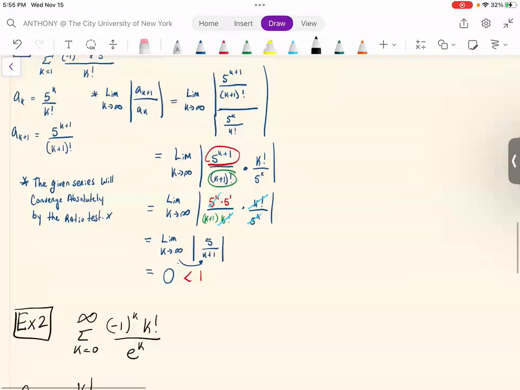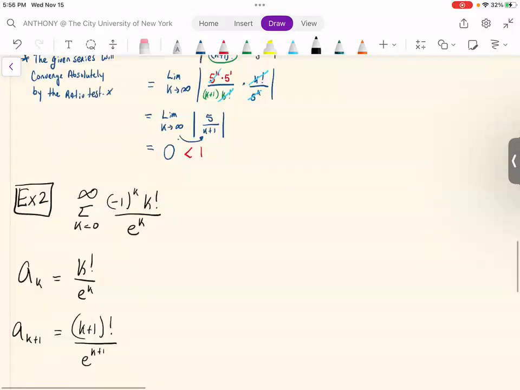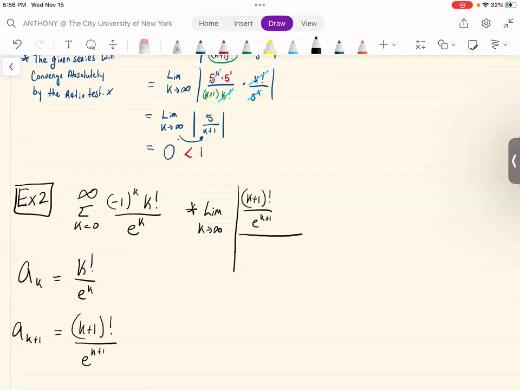We're going to take the limit in this example. We're going to compute the limit as k approaches infinity of k plus 1 factorial over e to the power of k plus 1, all divided by k factorial over e to the k. And what you're going to suspect when we compute this limit is that you're going to have to do some rewriting, right?